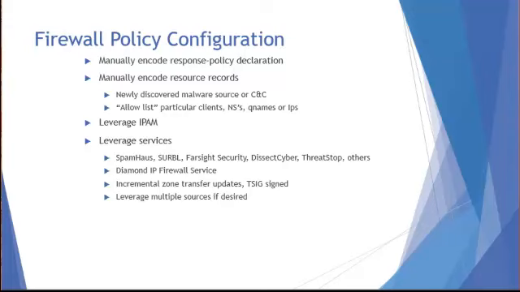And then leverage services; there's a lot of open source and also for-pay services out there. Diamond IP offers a service as well, to provide incremental updates, incremental zone transfers for response policy zones. And then you can use multiples of these, because you can have up to 64 of these zones in a 9.16 server. So each service would really correspond to one or more zones on your server.